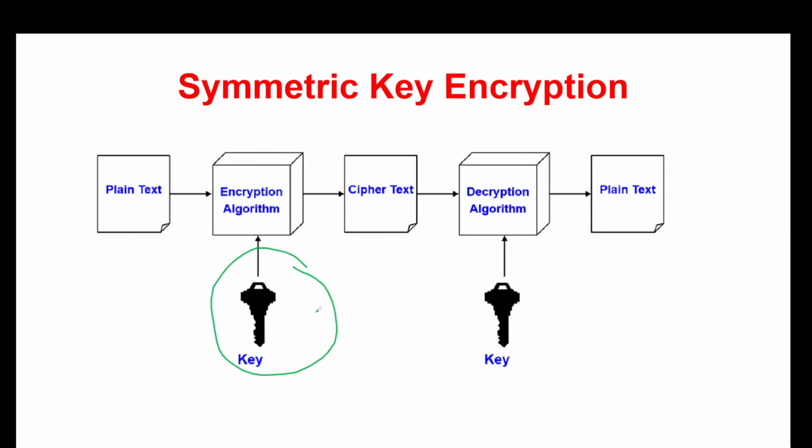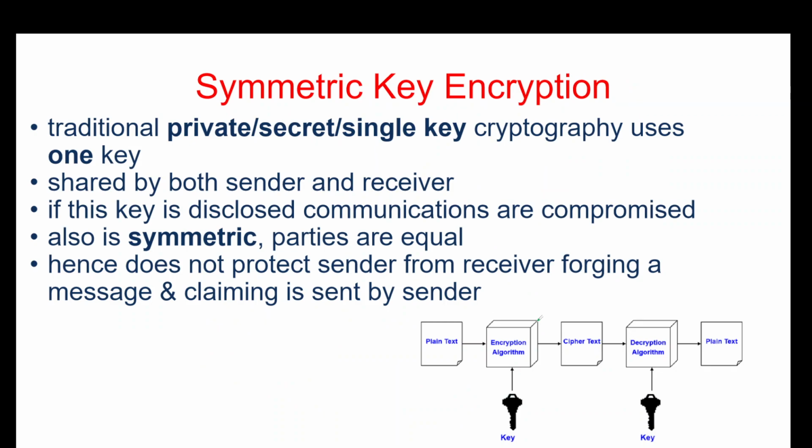So here, it is called a symmetric key, and it uses the same key for both encryption and decryption. This is the traditional private key or secret key, and it is also called single key encryption because the same key is replicated in sender and receiver, and it is shared by both.